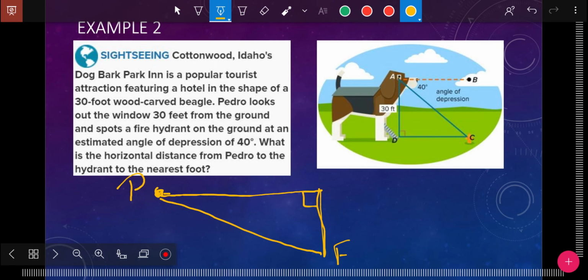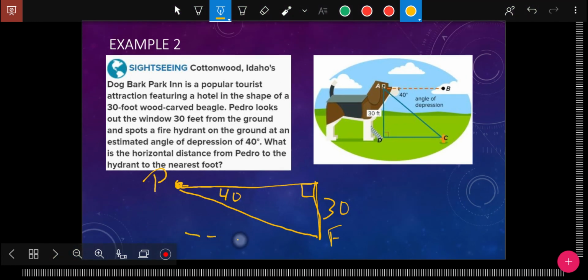He looked down at a 40-degree angle, so let's put the 40 in there. Now it says that this is 30 feet high over here, which means it's 30 feet high on this side as well. We want to know how far the hotel is from the fire hydrant, so this is my X. But that X is the same as I put it up here.